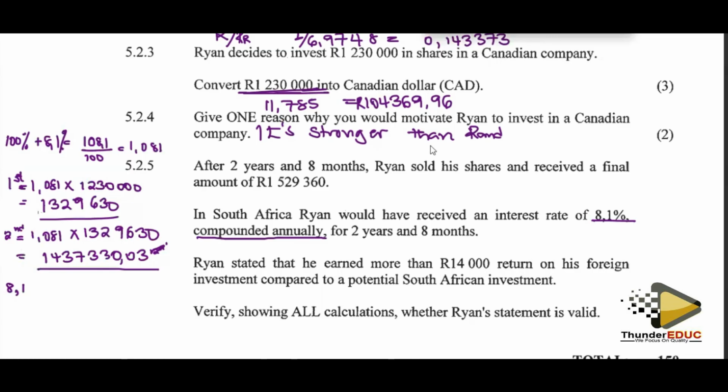This is first 1.081 times the amount he invested, which was 1,030,000. First year he has 1,329,630,000. This first year.